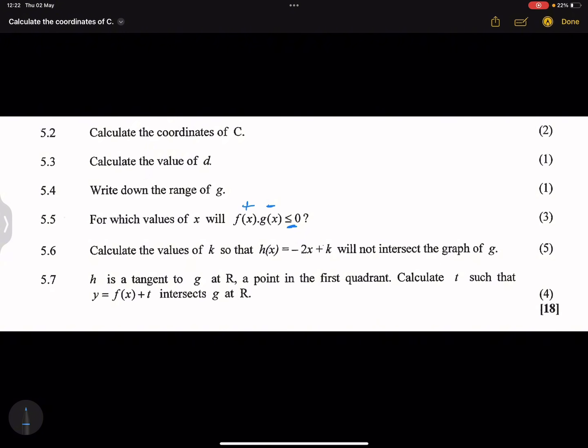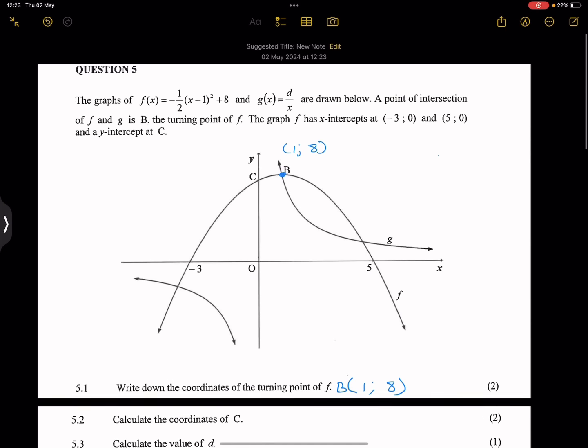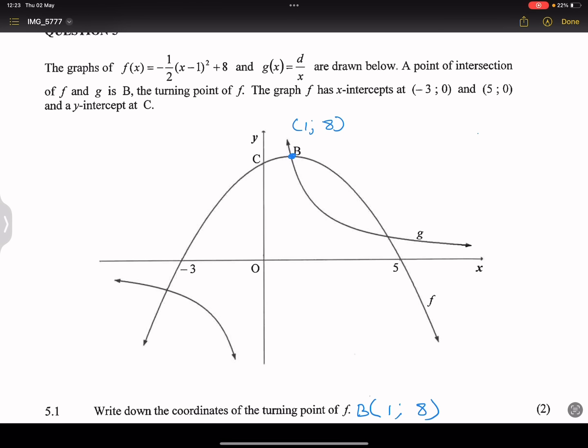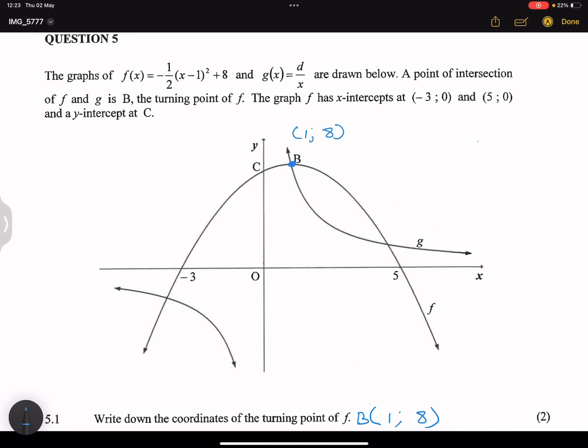So let's start with the first one. Let's look for the possibility where the graph of f is positive and the graph of g is negative. So let's go there, right? I'm going to just indicate with different colors. So where the graph of, so both graphs here, this one is negative over there.